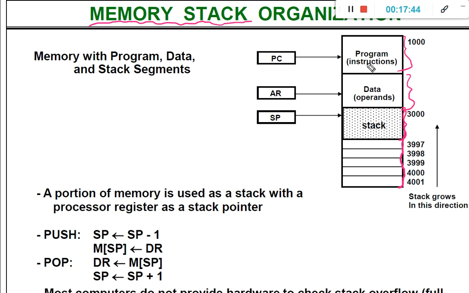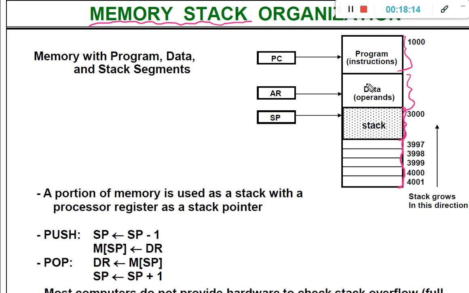As far as the program is concerned, a program is nothing but a set of instructions. Already we have seen how instructions are stored inside the main memory, how we are going to work with the instructions, what the instruction format is, how to decode the instructions, all those things. And data means we need data to perform a specific operation, let it be arithmetic operation or logical operation.